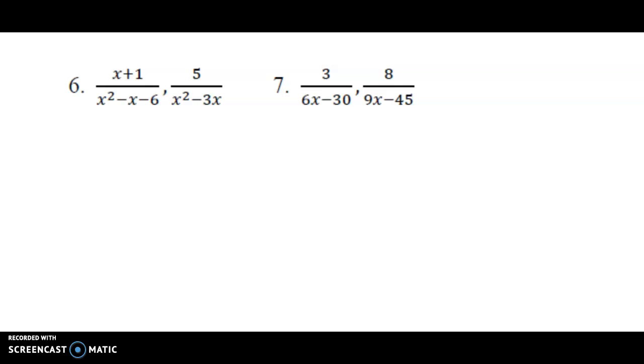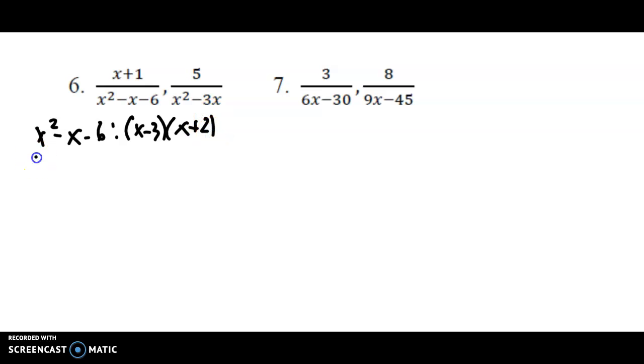All right, so again, we're going to find just the LCD. Notice they do not match. So we're going to factor them completely. The first one is x squared minus x minus 6. And that's product sum. It's going to be x minus 3 times x plus 2.